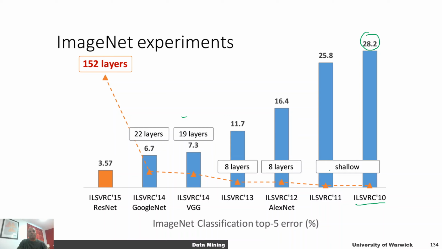And as we increase the depth of the neural network, shown by this orange line over here, we see that this network in 2015, ILSVRC15, which is a ResNet, is able to generate a prediction error of about 3.6%, which is much lower than the human generalization performance on this particular data set.